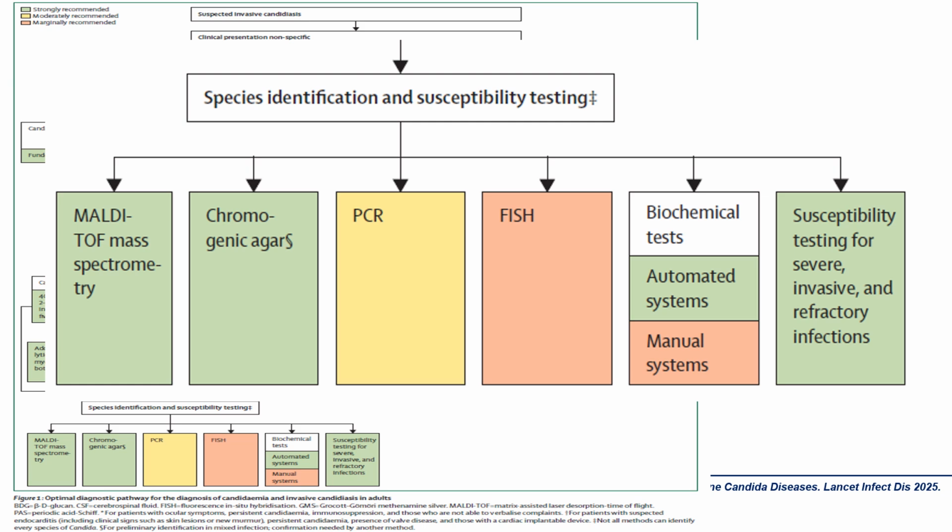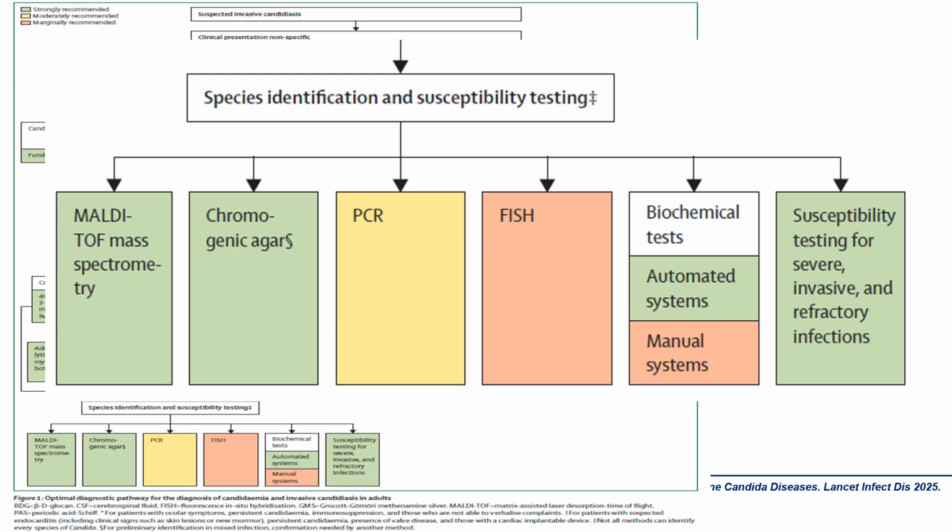We are aware of the biochemical tests and automated systems, and I discussed the lacunae of biochemical tests. So biochemical methods are recommended with moderate strength for identification in settings where MALDI-TOF or sequencing are not available.